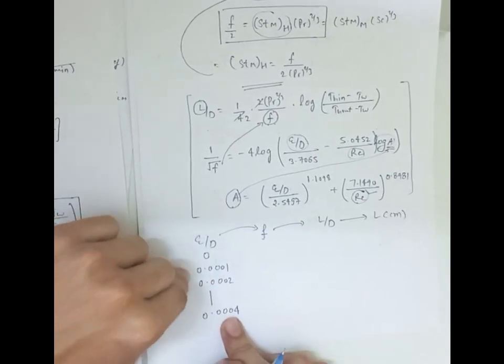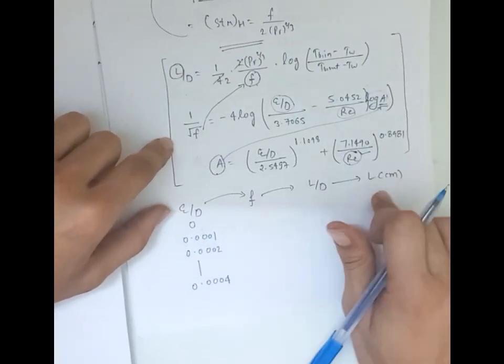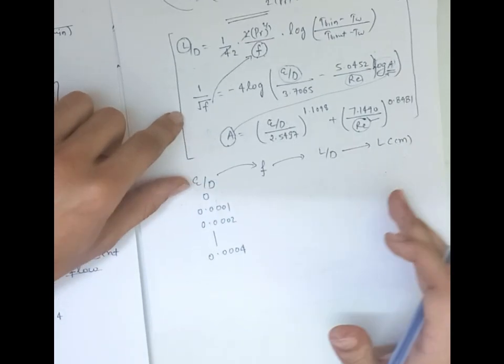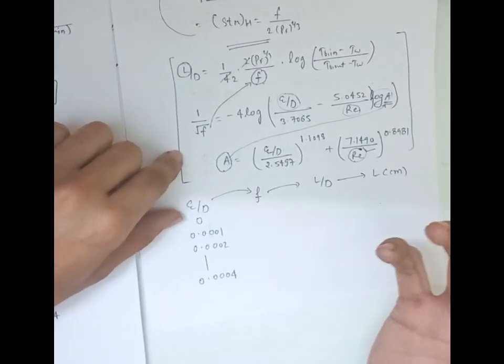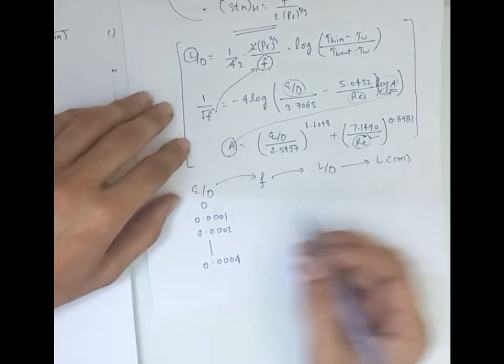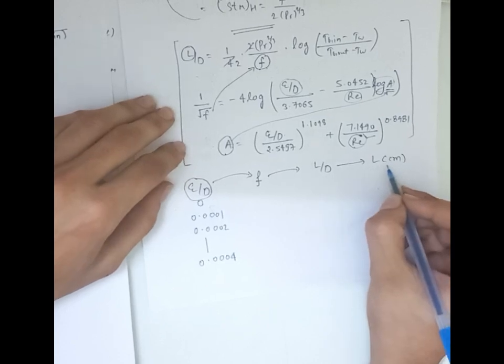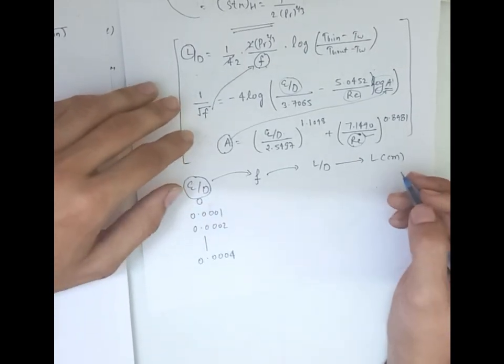By putting in these values, you can find the friction factor, L by D and L, and then we can analyze how the relative surface roughness has an impact on the length.